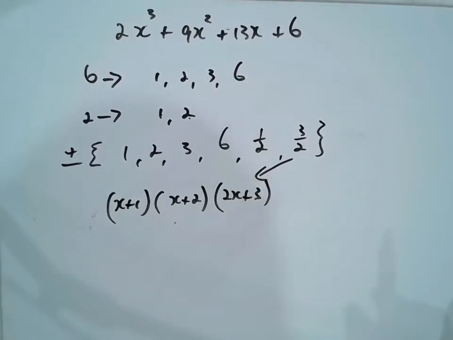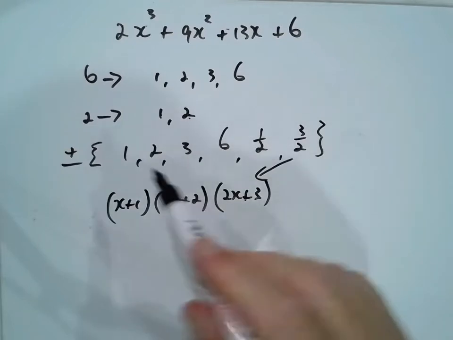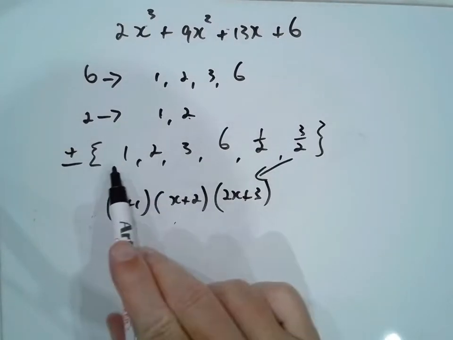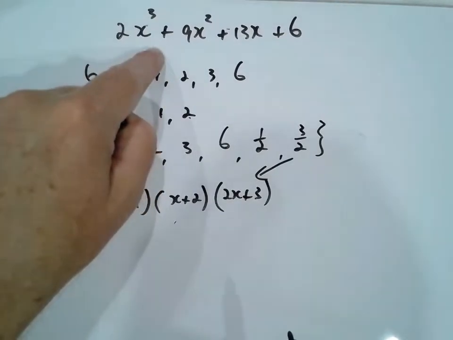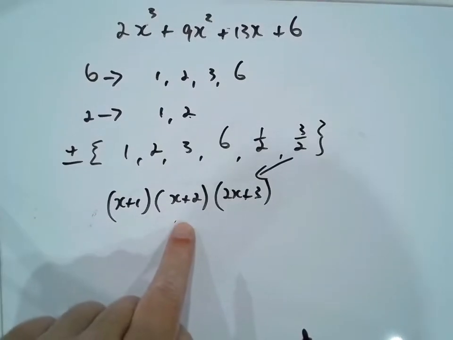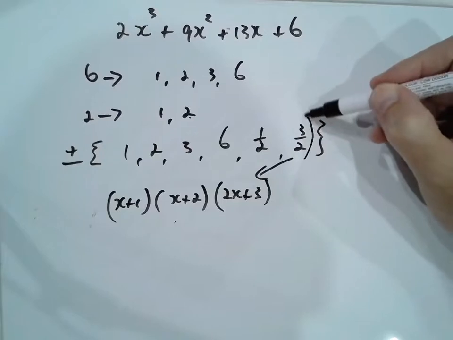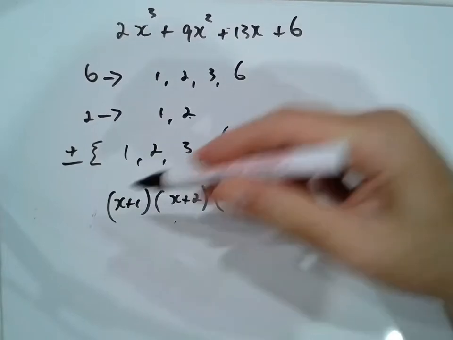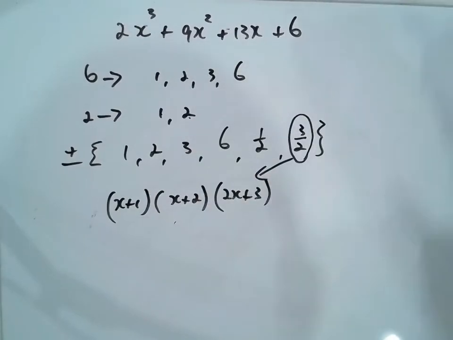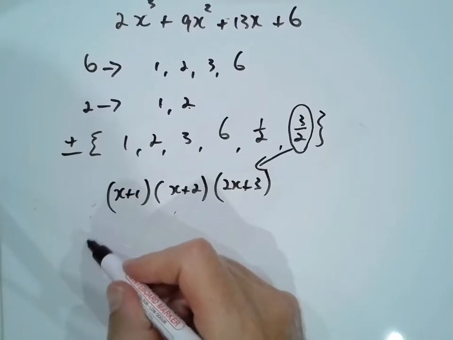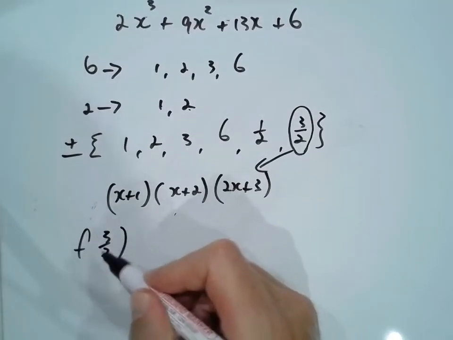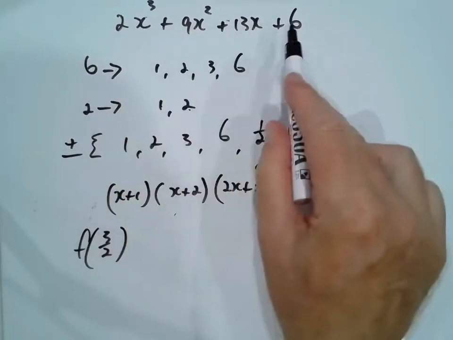Here's a challenge for you. When we accidentally come across 1 or 2, we're going to use our synthetic division to get our answer here. Wouldn't it be interesting if, for some strange reason, we selected 3 on 2 first and went, oh, f of, well, it's not 3 on 2, is it? Because that wouldn't give us a 0.